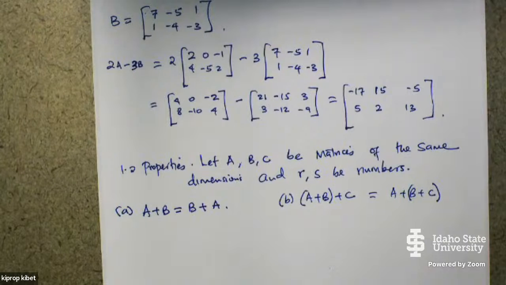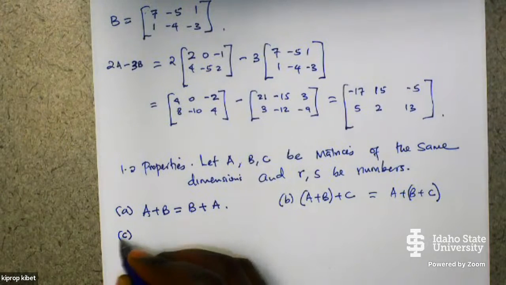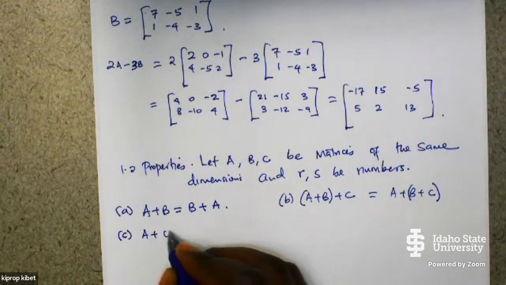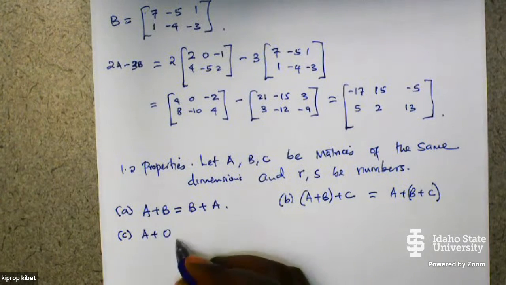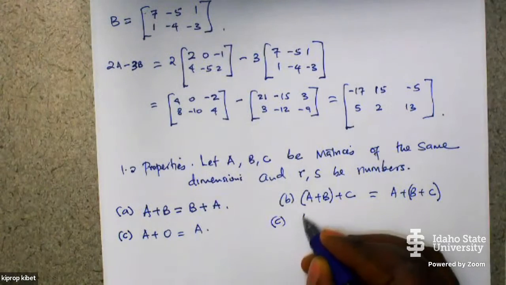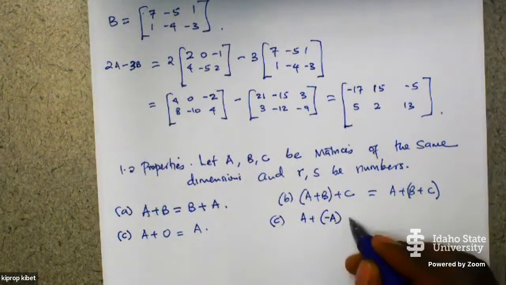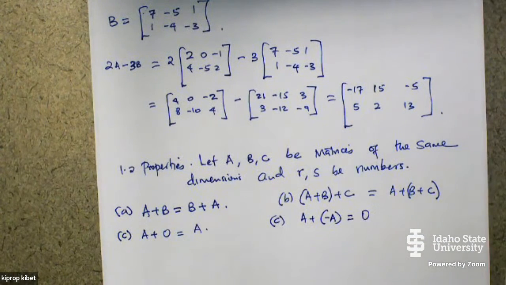So they are associated. Number C, A plus the 0 matrix is the same as A. If all the entries are 0, then when you add it to a matrix, you get the same matrix. Let's see, A plus negative A is the 0 matrix.